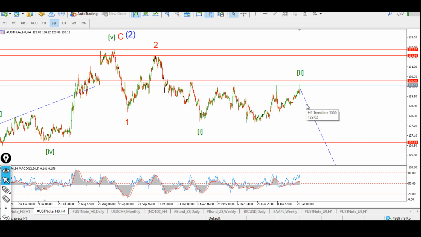This is a complete screwball of a pattern that's happening right now, because we've had so much overlapping, we've had so much internal 3-wave patterns that it's very hard to discern a clear pattern in there.